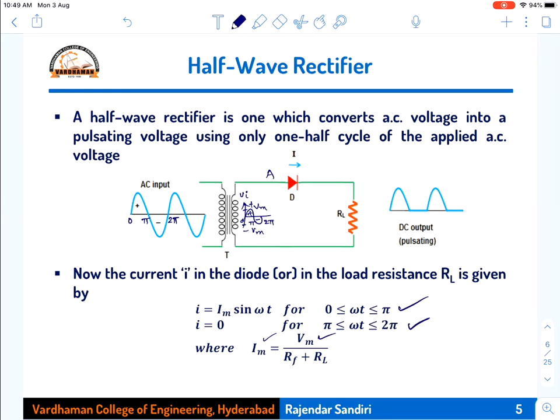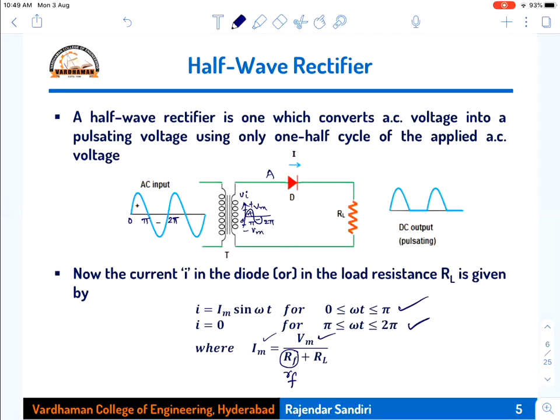Current flows through two elements, the diode and the load resistor, both connected in series. The diode's internal resistance is the forward resistance, represented by Rf, plus the load resistance, capital RL. We can even write this Rf as small rf, because an AC current is flowing in the circuit.